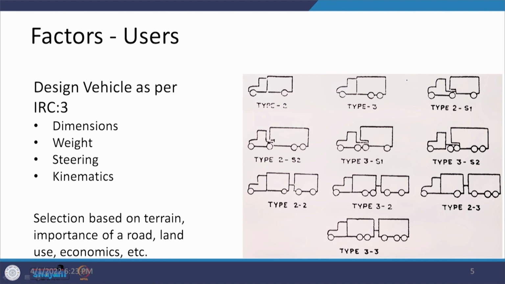Now, when you are looking at these users, as per IRC 3 you need to talk about a design vehicle.